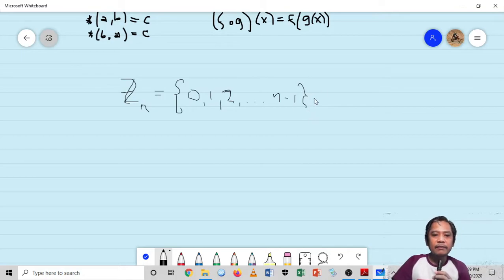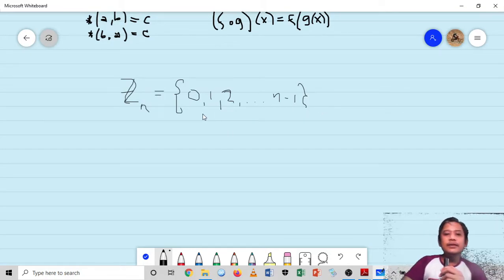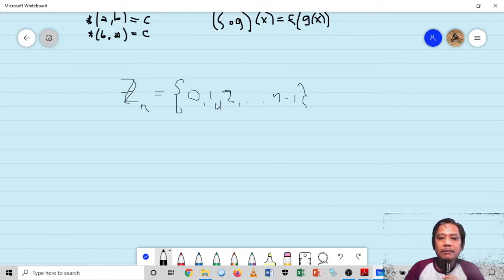So this is just a finite set. Note that these elements, 0, 1, 2, up to n minus 1, are the possible remainders if we divide a number by n.